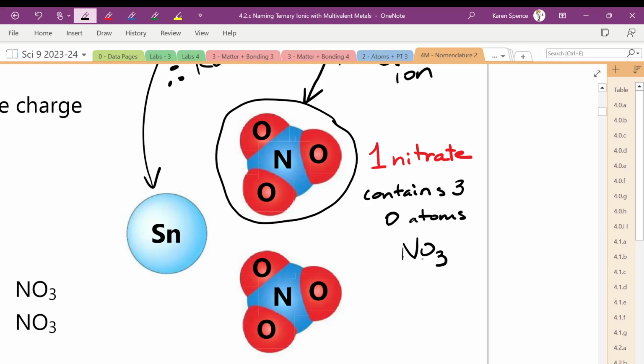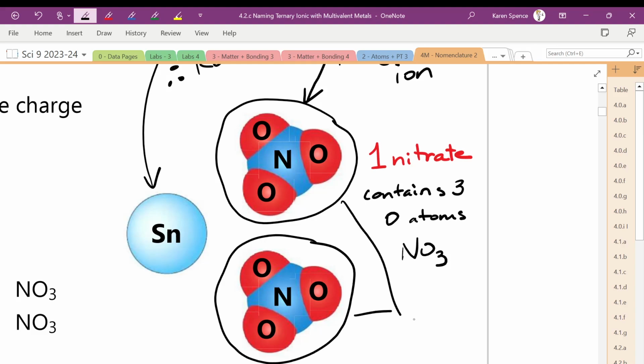But that 3 is just part of the one nitrate. How many nitrates do we actually have? We actually have 2. 1, 2 NO3s.